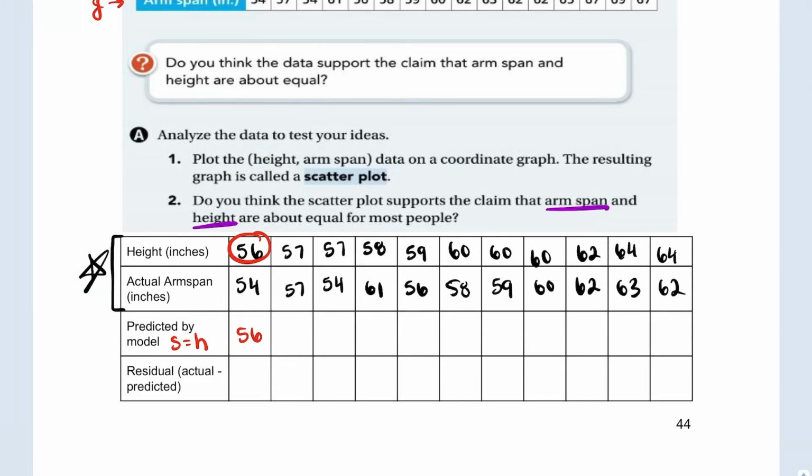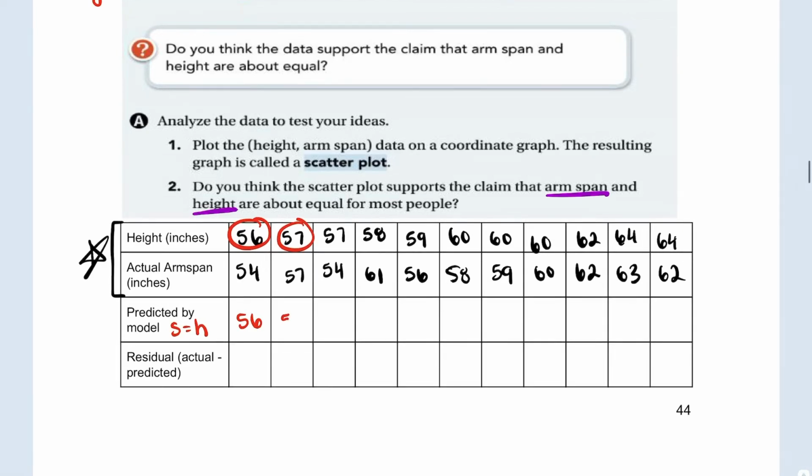When the height is 57, the predicted arm span should also be 57. Okay, so go ahead and fill in this part of your table, please. It should just match your height row exactly.